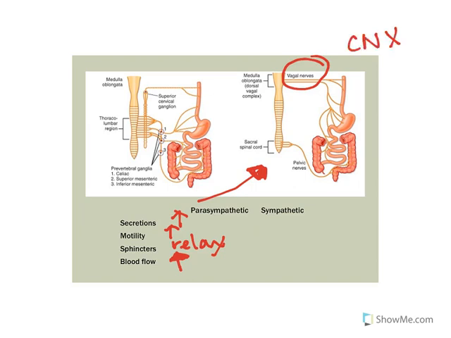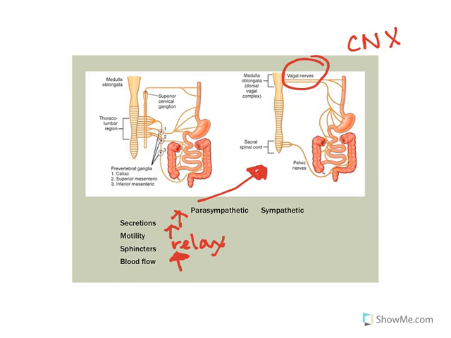So a large number of structures in the digestive tract are innervated by the vagus: esophagus, the stomach, the pancreas, parts of the small intestine. So the vagus is innervating a large part of the digestive tract.